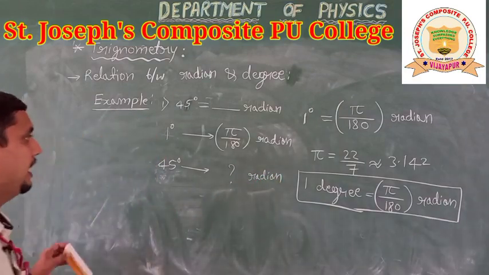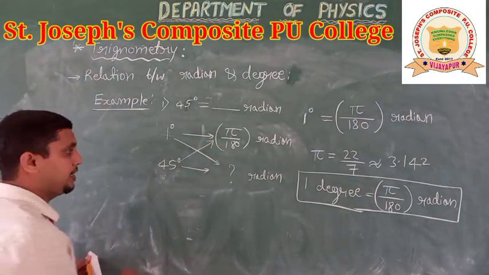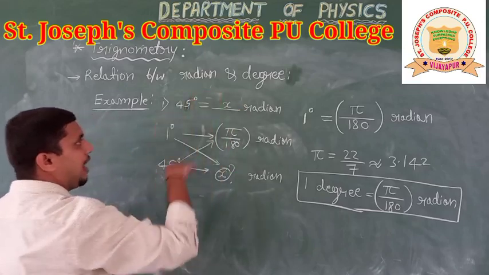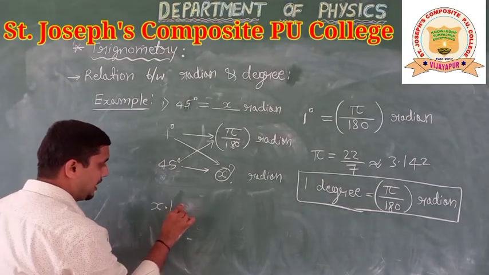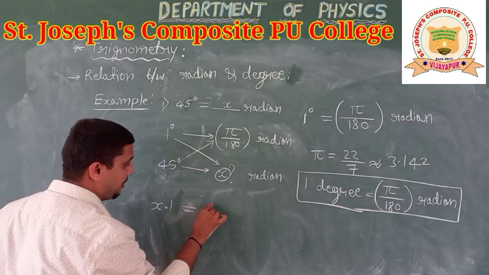For that purpose you use the cross multiplication method. Let the value be x radian, which you have to find out. So, cross multiplication: x into 1 is equal to 45 into pi divided by 180.